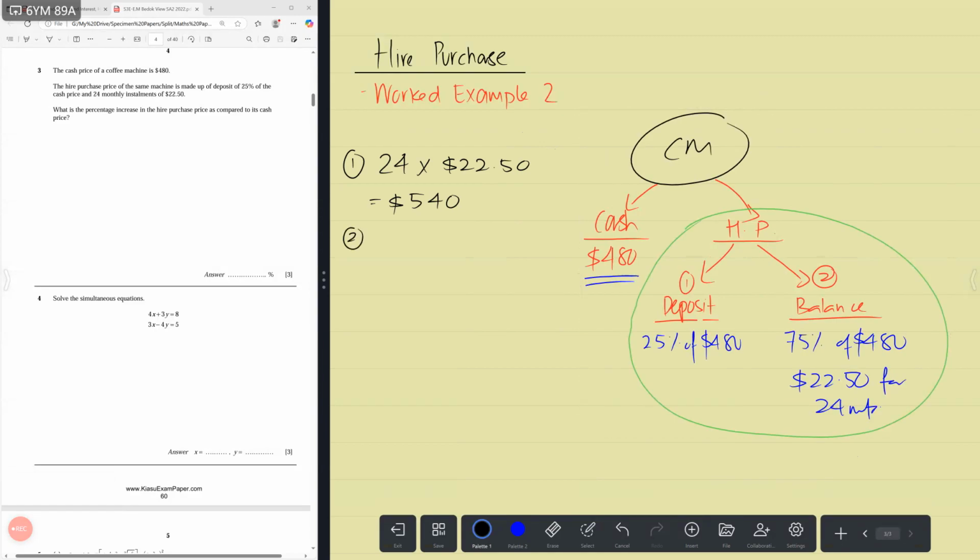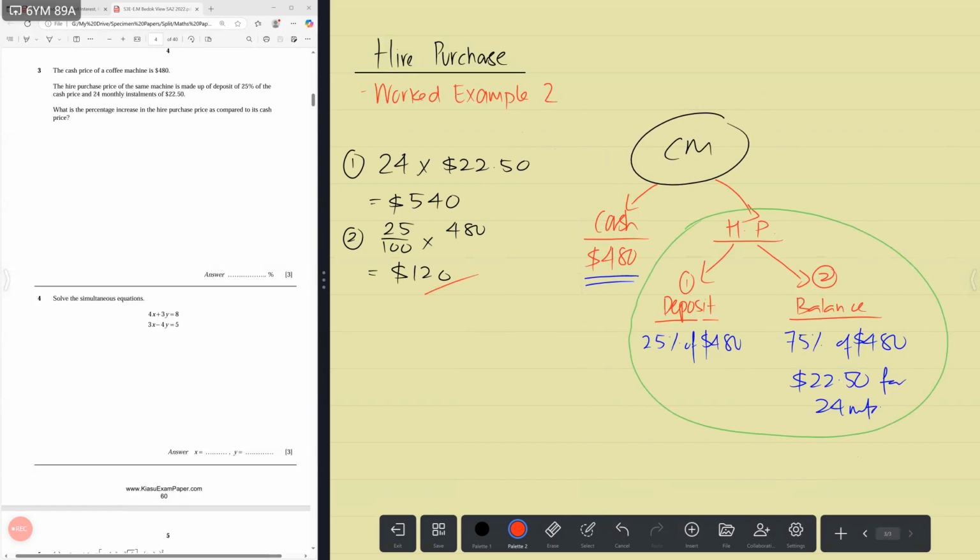Secondly, we want to find out what the deposit is, which is 25 over 100 times 480. Essentially, this is 1/4 of 480, right? Which amounts to $120. This is the payment that he or she makes on the first day at the counter.